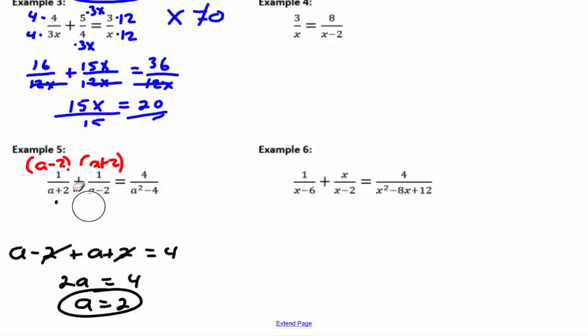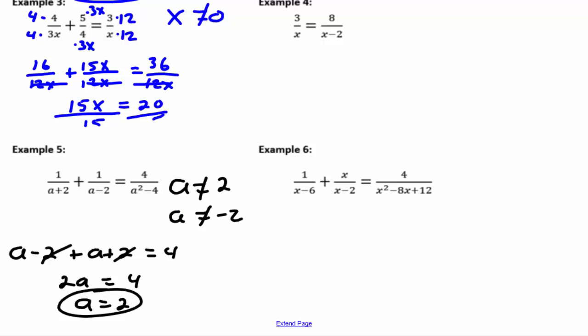If you go back to your original, a cannot equal 2. And a cannot equal negative 2, because that would give us a 0 in the denominator. So therefore, if a cannot equal 2, I have no solution. So the way you write that is you just write braces, empty braces. That means the empty set or no solution.